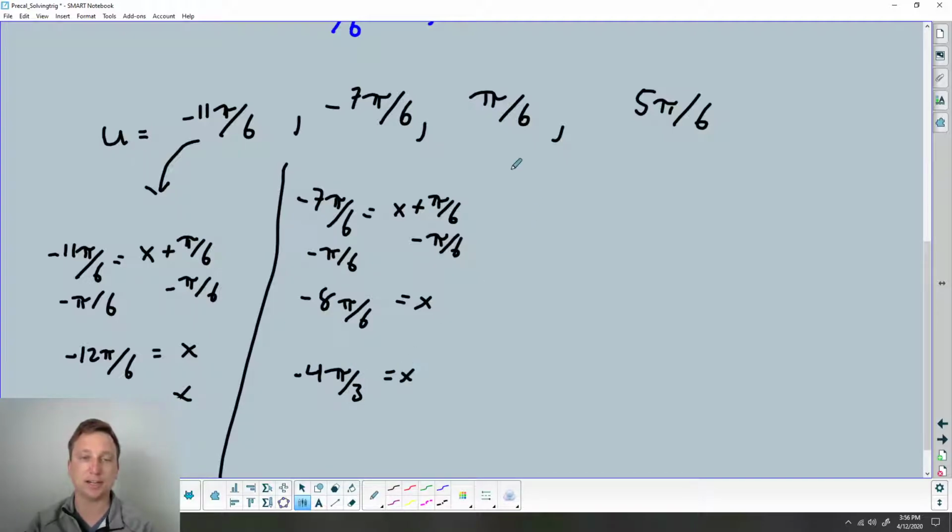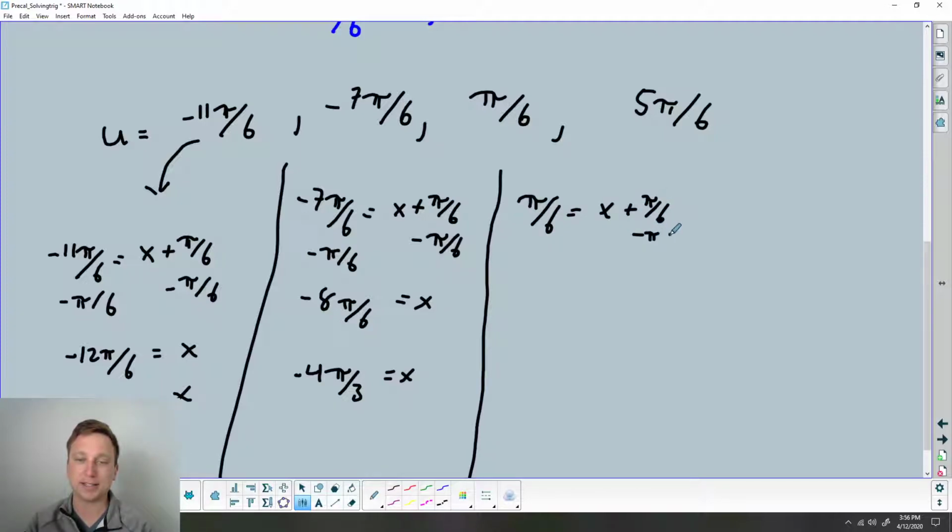Now for pi sixths, pi sixths is equal to the x value we want plus pi sixths. Subtract pi sixths. It's always going to be the same operation because we're using the same equation here. So 0 is another x value we're interested in.